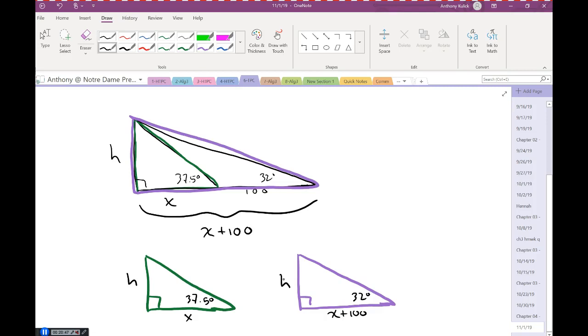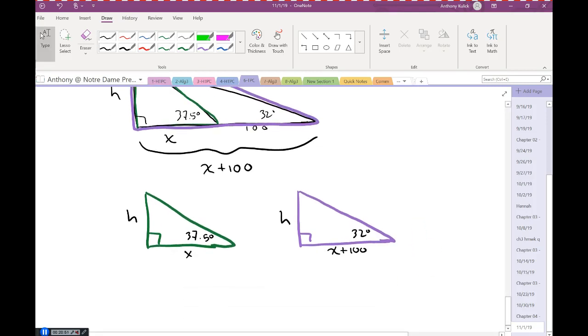Everybody feels okay with that. Notice still, in either situation, I have two unknowns on my sides, right? So I'm going to form a system of two equations because I really have two variables. I have x and I have h.